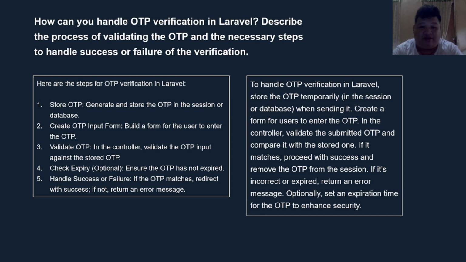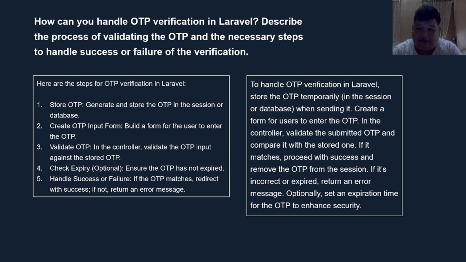Build a form for the user to enter the OTP. Validate OTP. The controller validates the OTP input against the stored OTP. Check expiry. Optional, ensure the OTP has not expired. Then 5. Handle success or failure. If the OTP matches, redirect with success; if not, return with an error message.